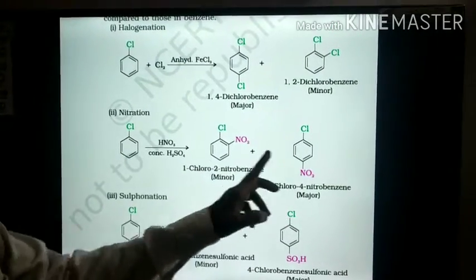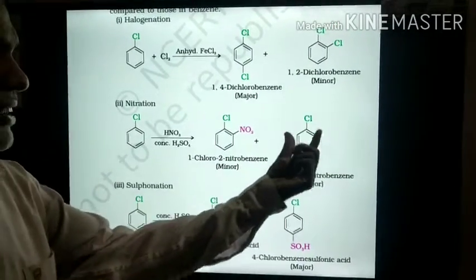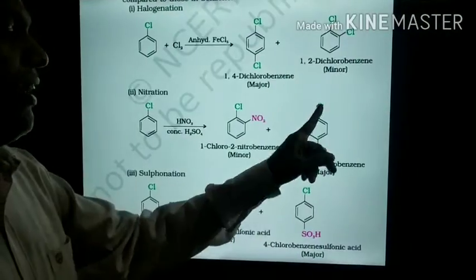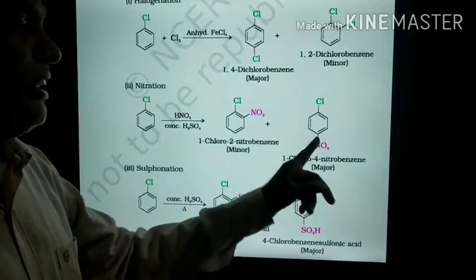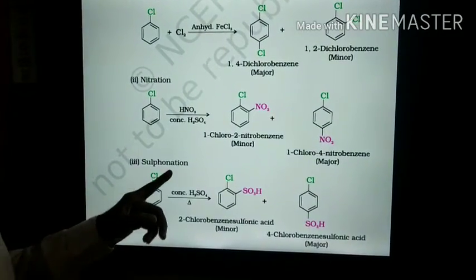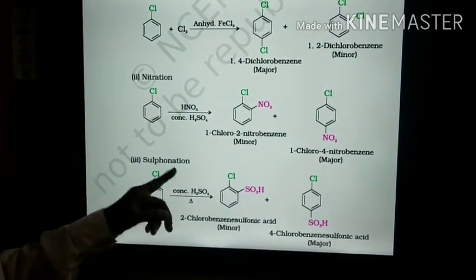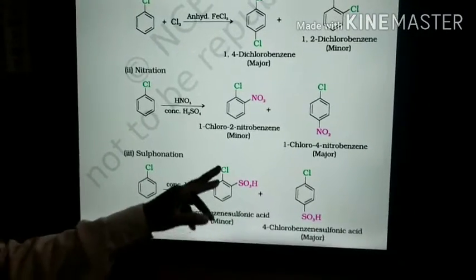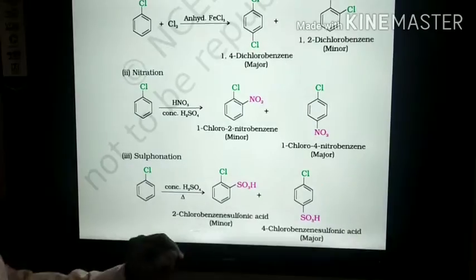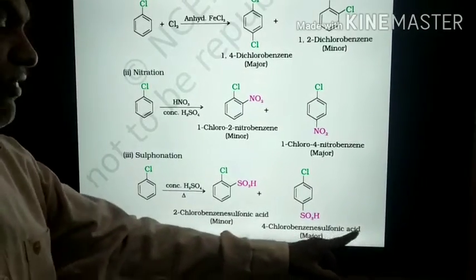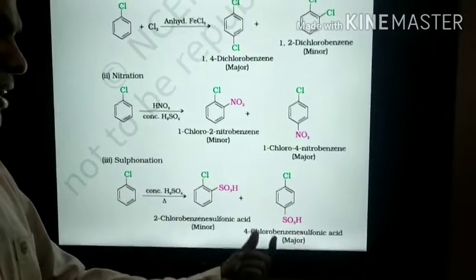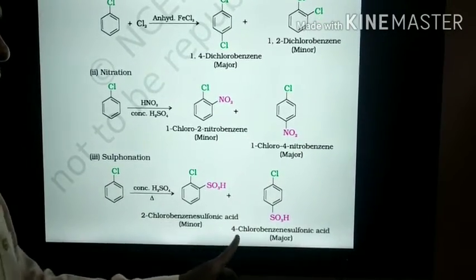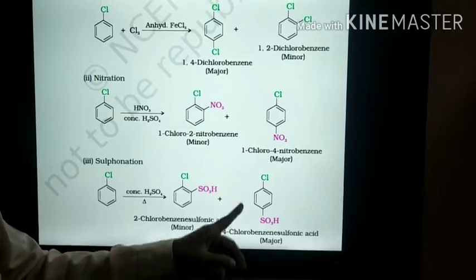Out of these two, since there is symmetry, the major product is 1-chloro-4-nitrobenzene. In sulfonation, that is treatment with sulfuric acid, the sulfonic acid group is added, giving 2-chlorobenzene sulfonic acid and 4-chlorobenzene sulfonic acid. Since it has symmetry, 4-chlorobenzene sulfonic acid is the major product.